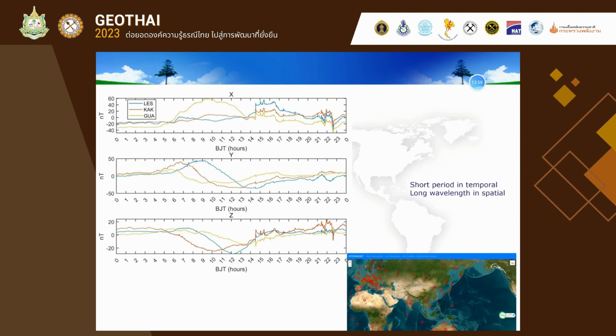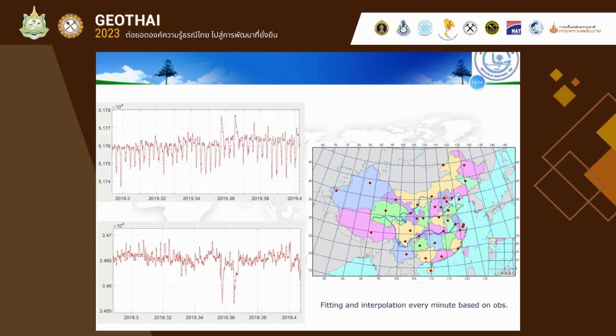The main character of the external field we realize is that in time the period is short, and in space the wavelength is long. So we can do spatial fitting and interpolation, every minute.